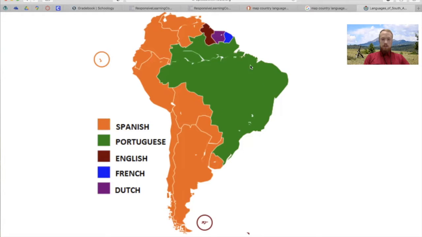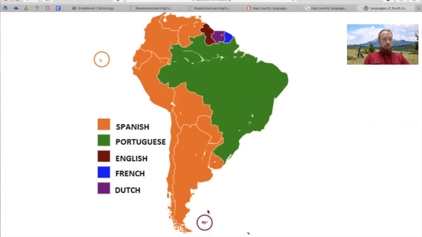You notice how this is the only country that speaks Portuguese, right? We have the only country that speaks English, the only country that speaks Dutch, and the only country that speaks French, okay? But this one is what we're talking about. It's Brazil, and Brazil is different from all of the rest of these countries. How is it different?